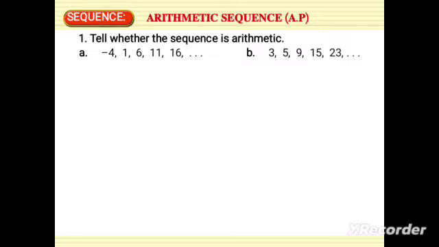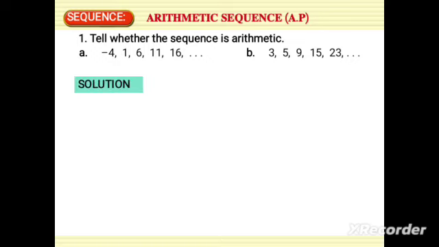So let's get started on the arithmetic progression. It is also called the arithmetic sequence or the progression. Number one, tell whether the sequence is arithmetic. So we have part A and part B. We want to see which one is an arithmetic sequence or arithmetic progression and which one is not, and even the reasons.